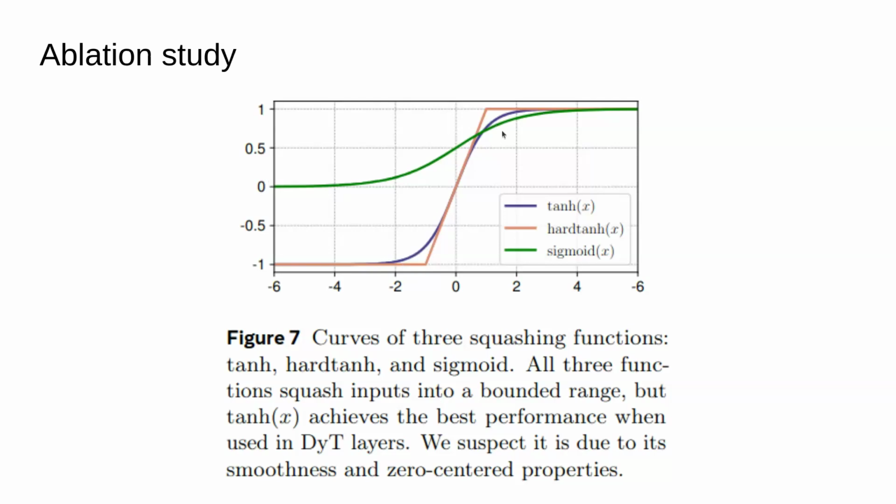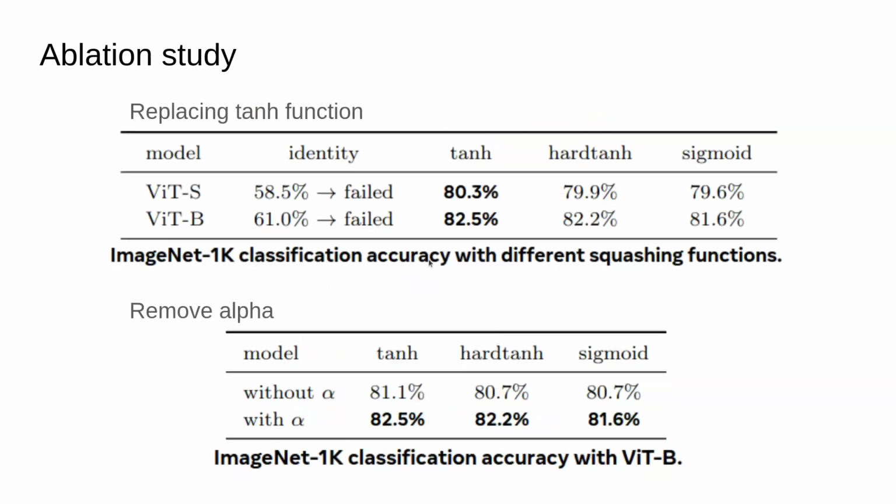And then they also do a sigmoid. And notice the sigmoid, you can scale it, right? Because we have a scaling parameter, so you can scale it to -1, 1. It's not a problem. And then you can see that the performance of the tanh is generally the best. Here, if you use an identity, so if you don't use a non-linear function, it really gets a lot worse.